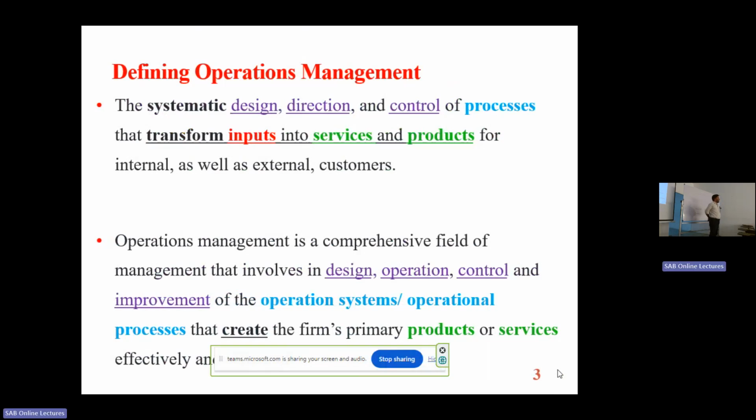But here in these business organizations, in business education, business management, operations means set of activities, set of procedures. For what? For what are operations used in businesses? Mainly in manufacturing, to produce products.